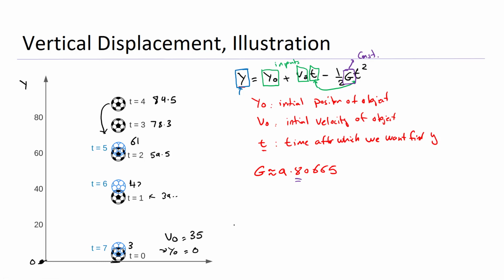So what we want to do is that, if the user gives us as input 35, which is v0, and the user gives us 0 for y0, and let's say we want to find the position after the 6th second. So if the input from the user is 6, the value we should get is 42, or close to 42.